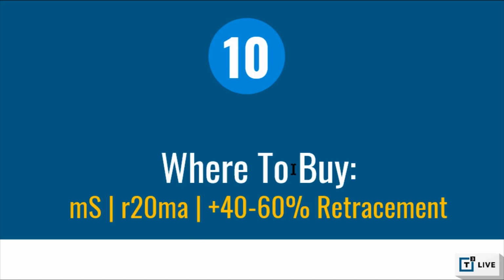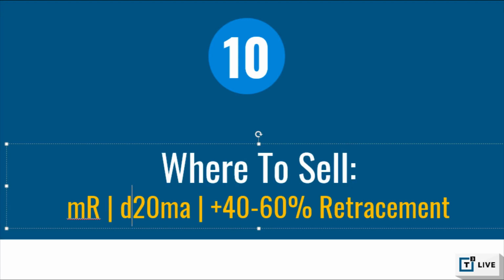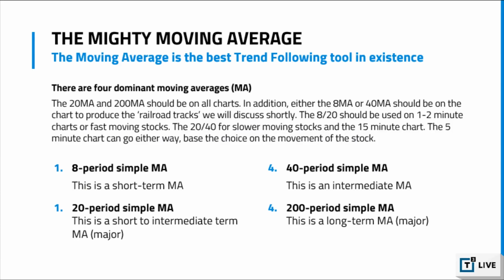If we're talking about where to sell, it would be the same thing, but at minor resistance, the declining 20, and the 40 to 60% retracement, a percentage of the prior move. So today we're going to talk about the rising 20 period moving average. Let's read a little bit here and then we'll go over some chart examples.